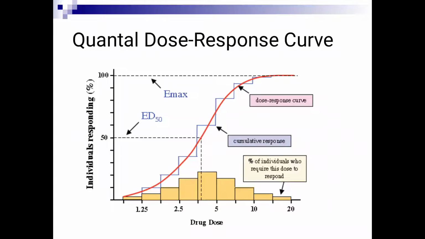ED50 can be measured from the quantal dose response curve, and Emax, the maximum effect, can also be measured from this curve. This is the dose response curve, and this is the cumulative response curve. So it is dose against the response in the population.